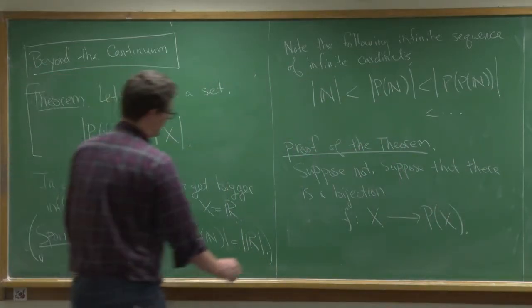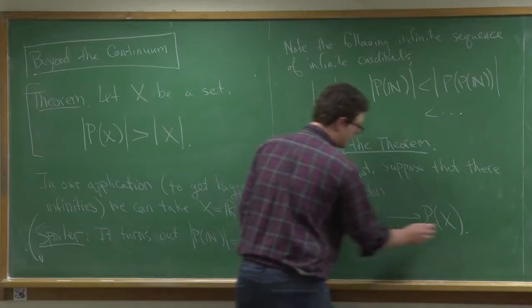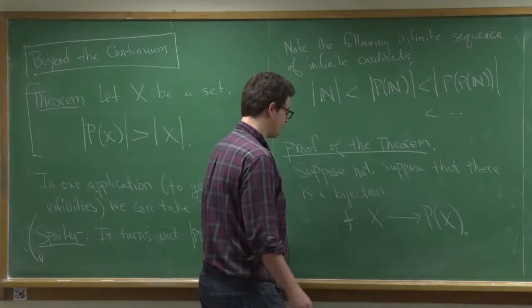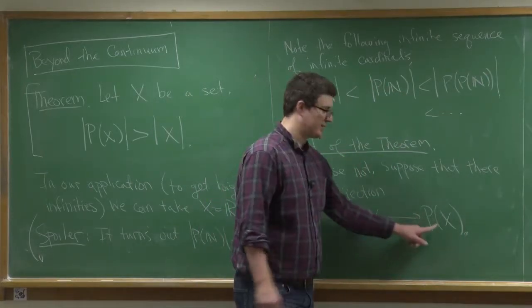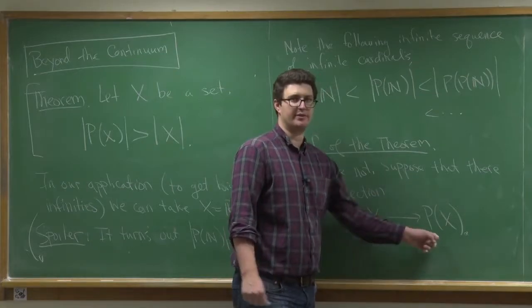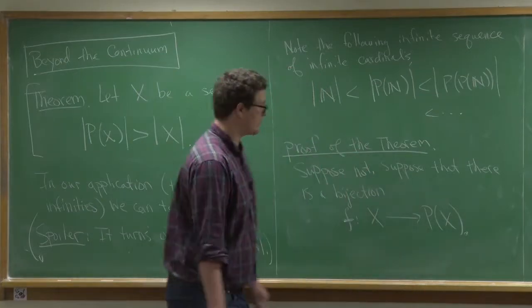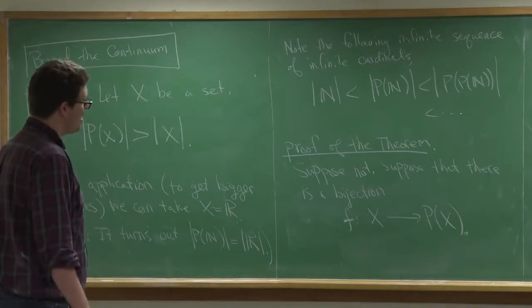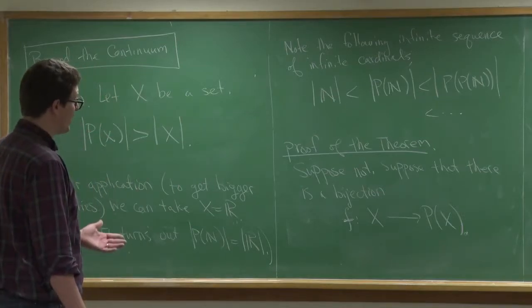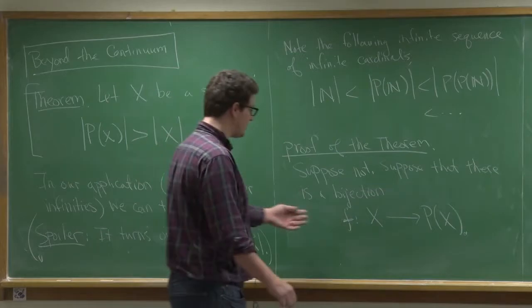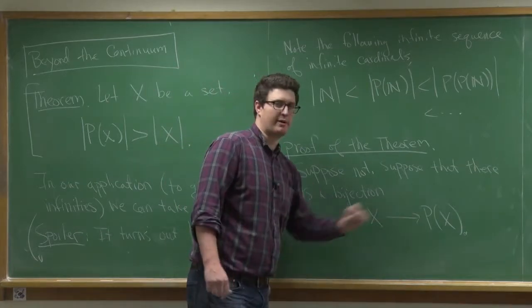So I'm going to go this way. I think it's clear that the power set is at least as big as X, because you have all the singleton subsets. You just throw curly braces around a single thing. But let's go the other way. So let's suppose not, and suppose that we have some bijection between X and the power set of X.